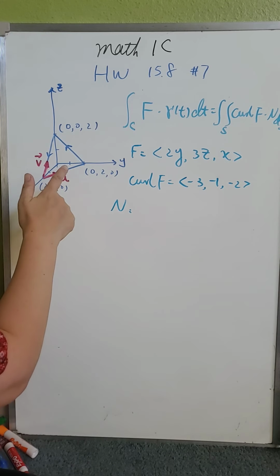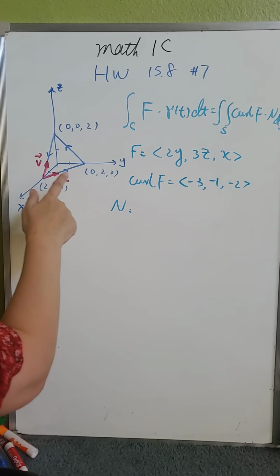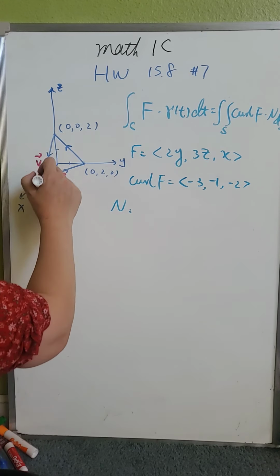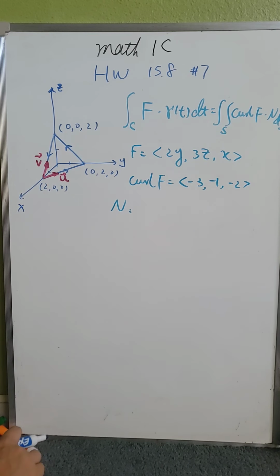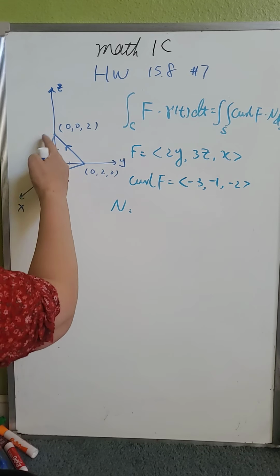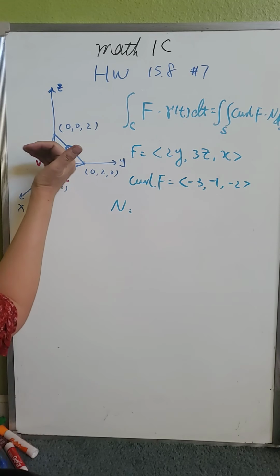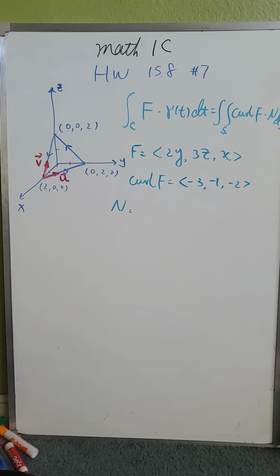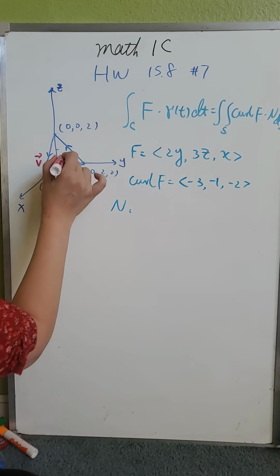So it's an open surface, a triangle with 3 vertices. C is oriented counterclockwise from above. So by the right-hand rule, the normal points up. So here is your n.